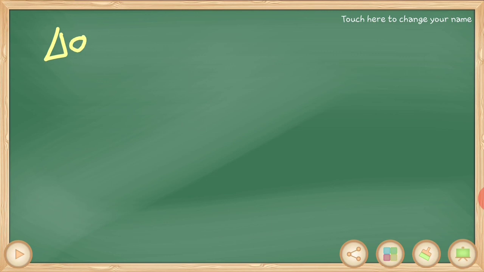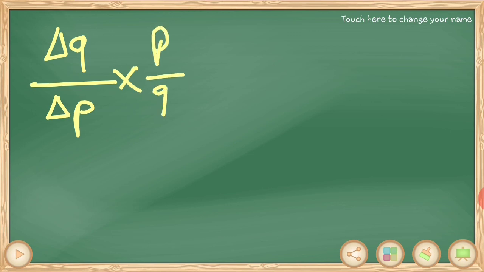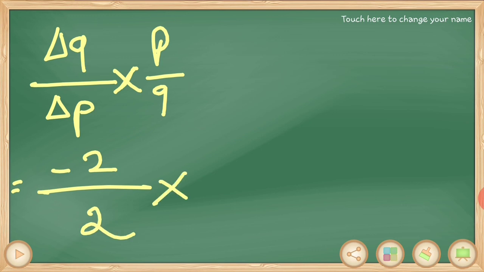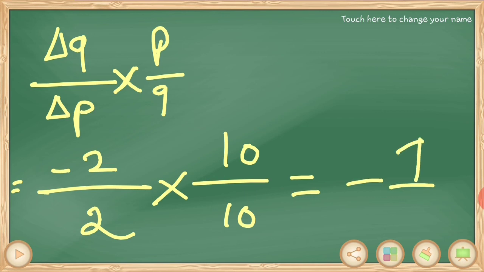Delta Q by delta P into P by Q. Delta Q is equal to minus 2, delta P is equal to 2, P is equal to 10 and Q is equal to 10. Am I right? And what is your answer? Minus 1. So, this is your answer.